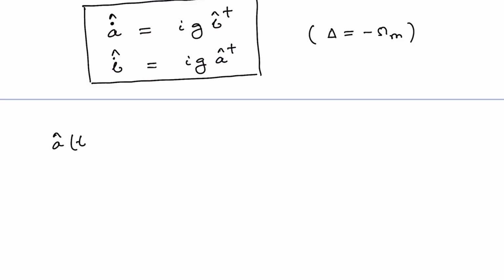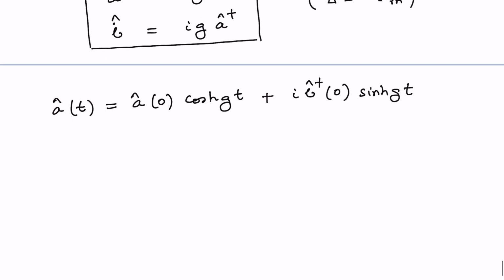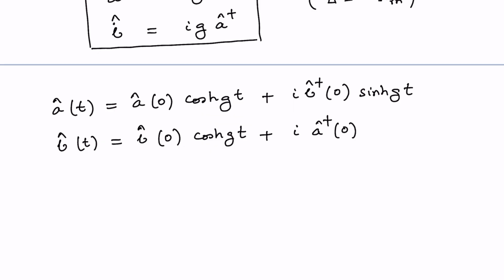You will get a of t is equal to a of 0 cosh gt plus i b dagger of 0 sinh gt, and b of t is equal to b of 0 cosh gt plus i a dagger of 0 sinh gt. Okay, this is what you will get.